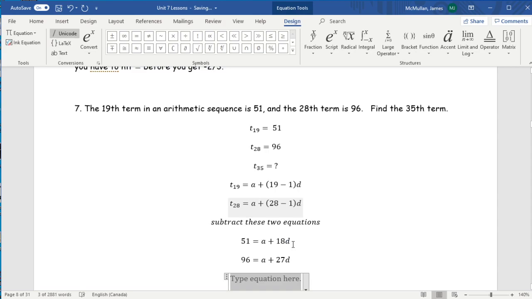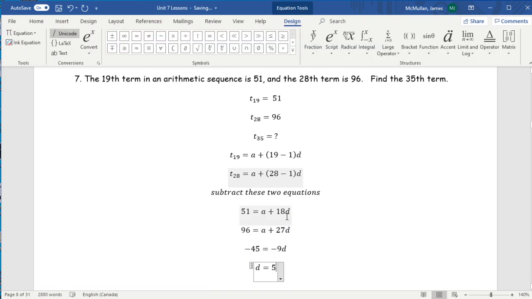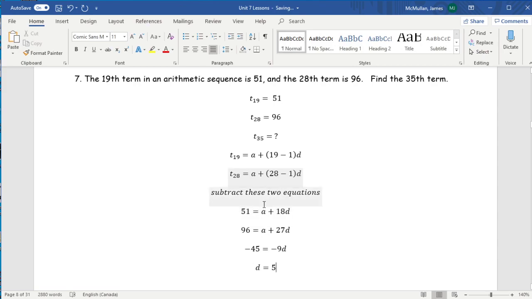If I subtract these two equations, what happens? 51 minus 96 is negative 45, and then 18 minus 27 is negative 9d. And therefore d equals 5. So you see, if you subtract the two of them, you cancel out the a, and then all you're left with is this number, and you can figure out d.